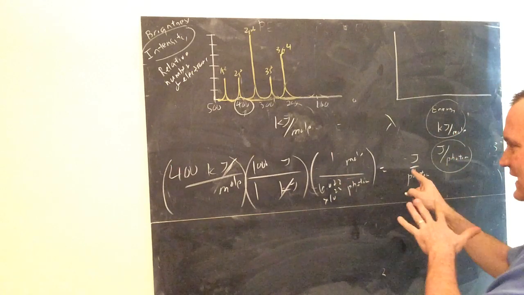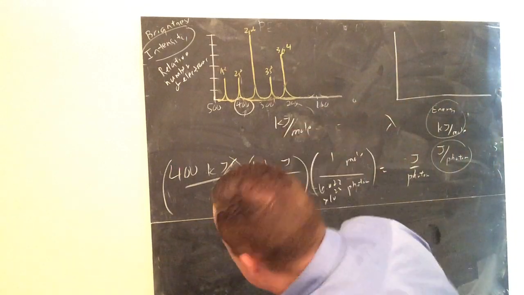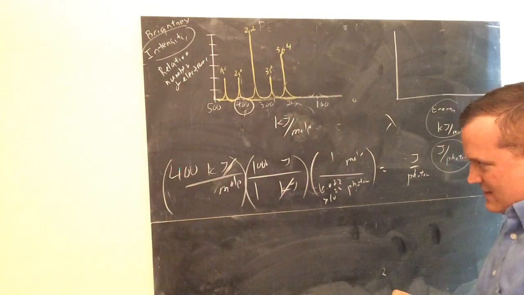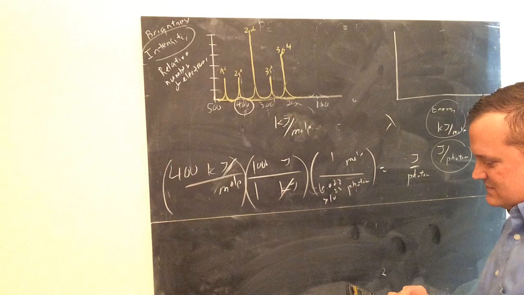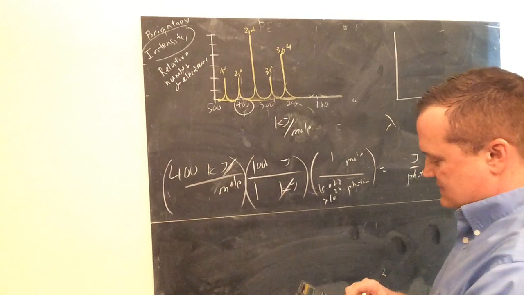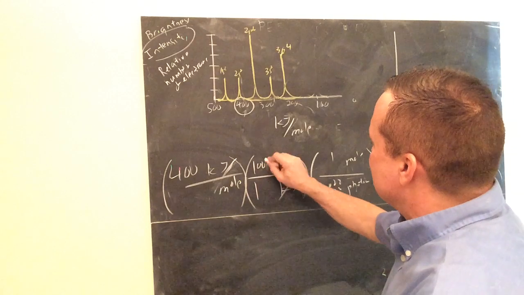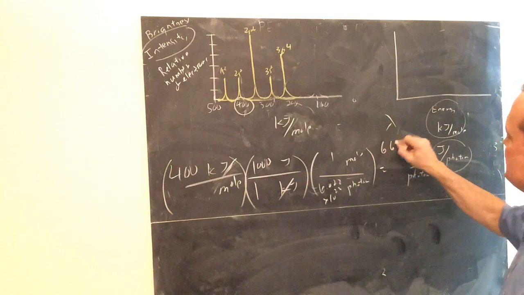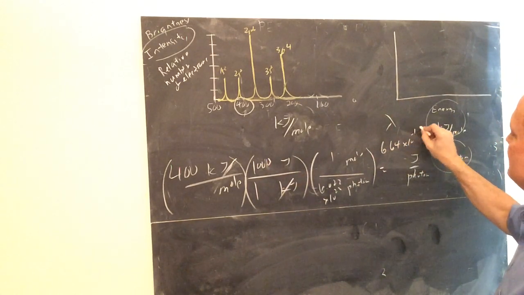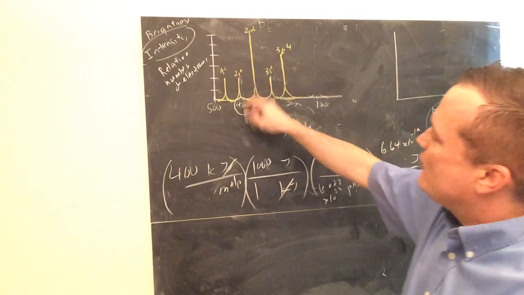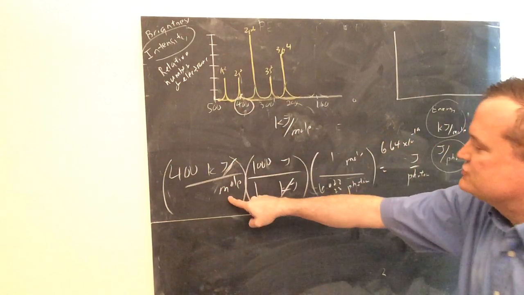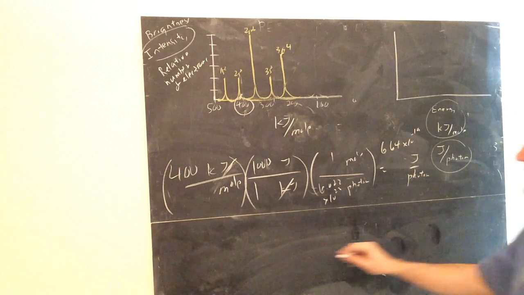You're going to get this answer: 400 times 1,000 divided by 6.022 times 10 to the 23rd. It looks like 6.64 times 10 to the negative 19. So let's say you pick a point on here, and you have kilojoules per mole, so you change it to joules per photon.